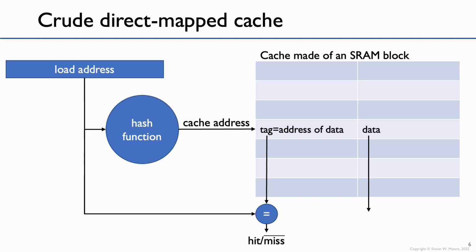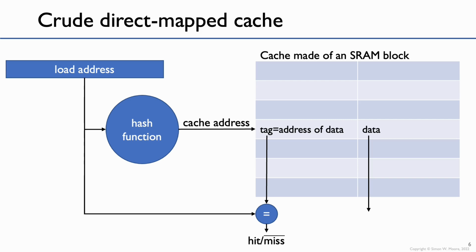And that hash might be very simple in that we may just use a few of the bits out of the load address. We would then use that cache address, that hashed value, to see if the data is available, and also associated with that data is a tag, which is actually the full address of where that data is stored in the DRAM. If the tag matches the load address, then we say that we've hit in the cache, and we can then read the data out.